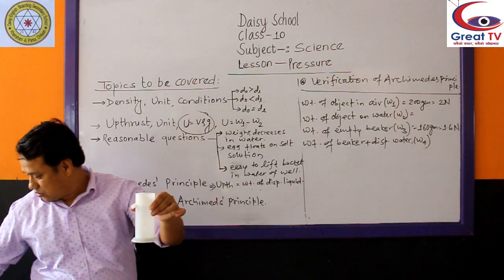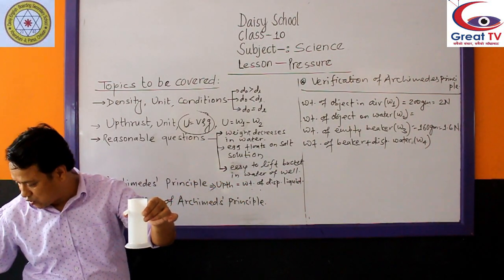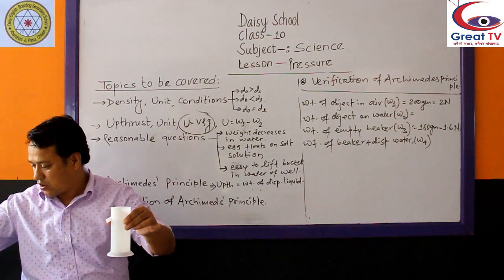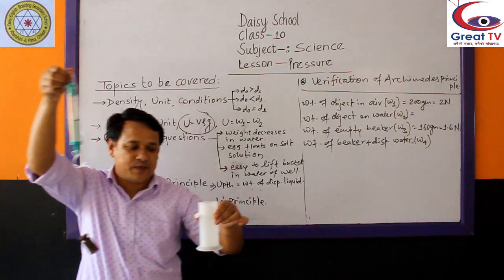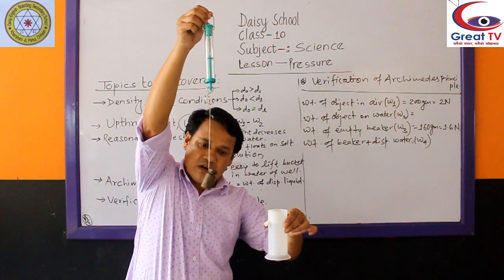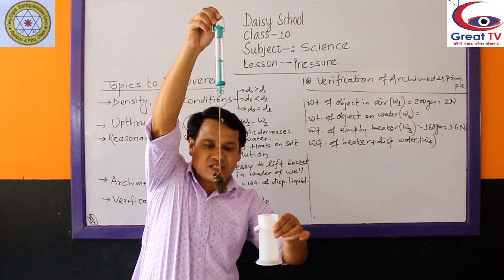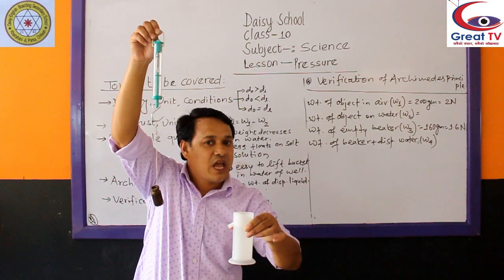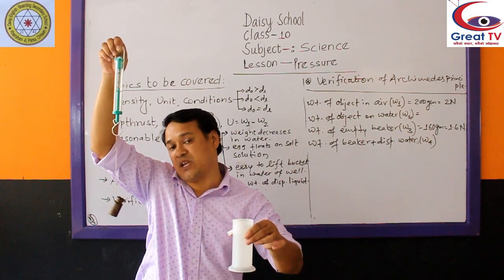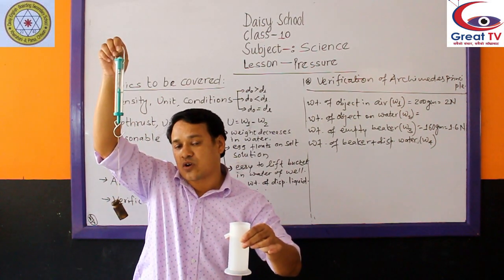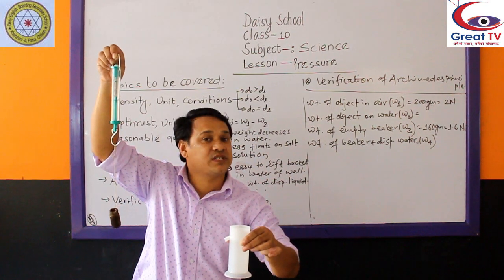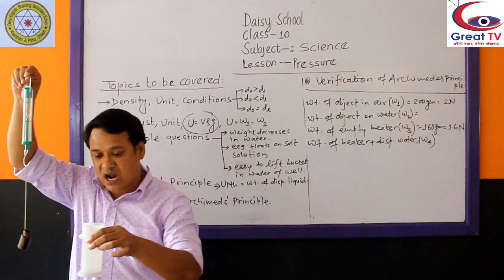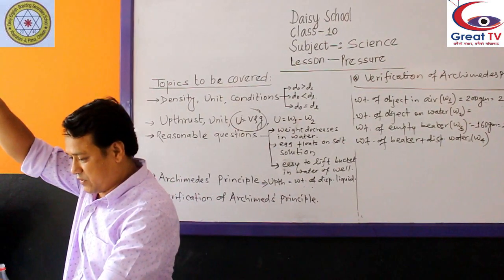Now I'm going to put this solid object into the Eureka can. When I immerse this solid object into the water, some water will be displaced, and this displaced water we have to collect in the beaker and calculate its weight also. That's why I am going to collect the water on the top pan balance. Wait for some time.